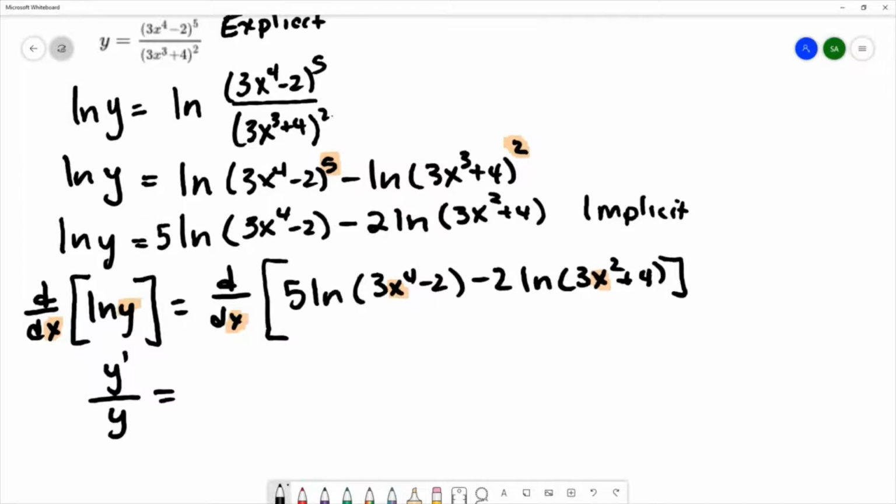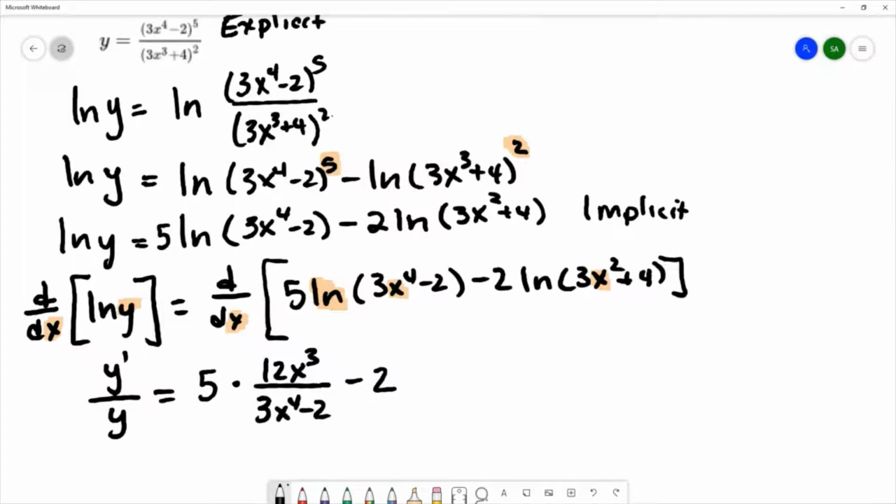So I'm going to carry down that constant multiple of 5. I'm going to follow the rule for calculating the derivative of natural log, and that is the derivative of the inside over the inside. So the derivative of the inside would be 12x^3 over the inside, which is 3x^4 - 2. Carry down that 2 as a constant multiple.